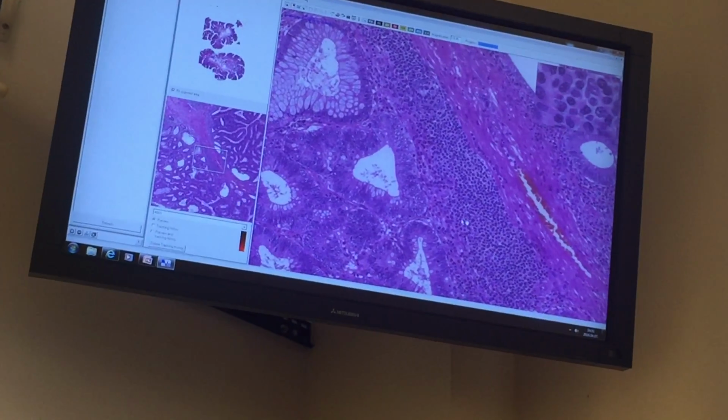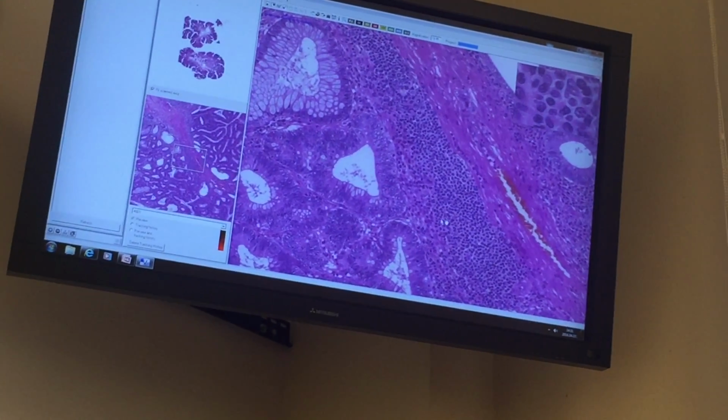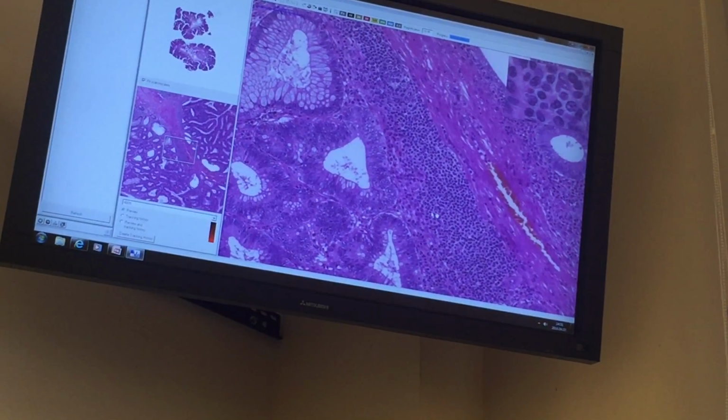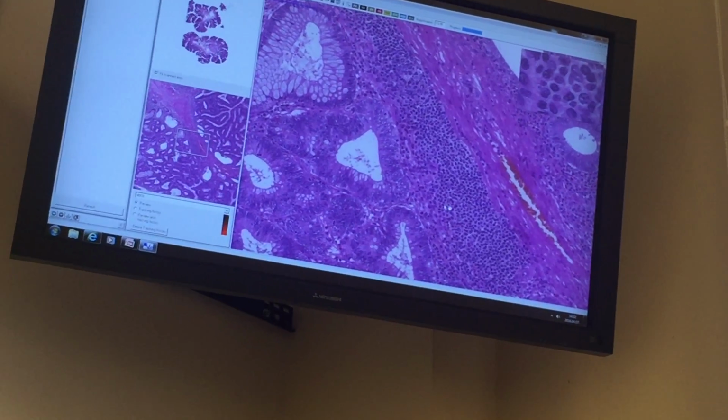As the stool is going through the lumen of the bowel, it will destroy the mucosa, will hurt it a bit, and that's why it starts bleeding, and that's why there will be inflammation inside.